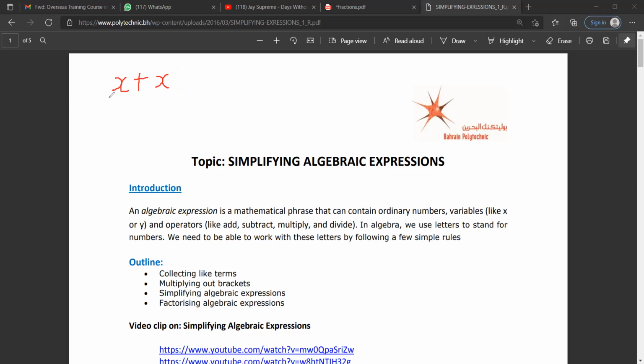So if I have x in one hand, and I have an x in another hand, how many x do I have in total? 2, right? So it is 2x. Simple.